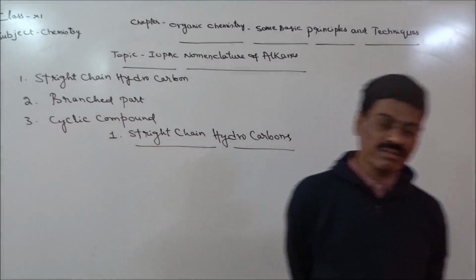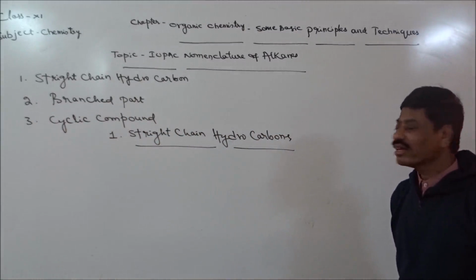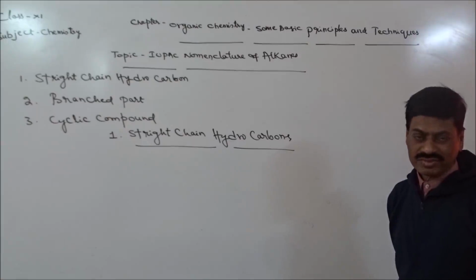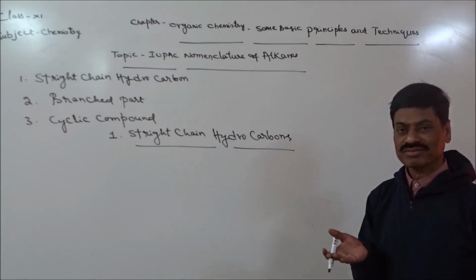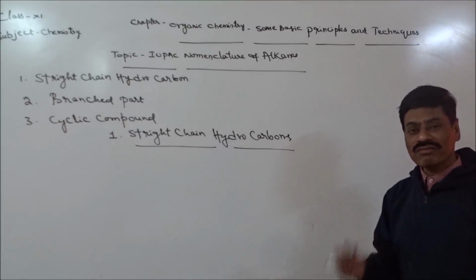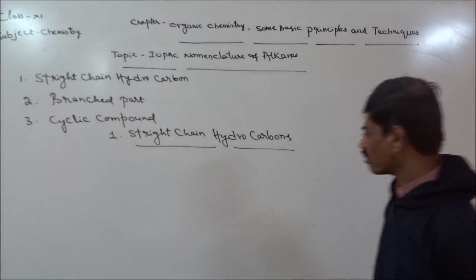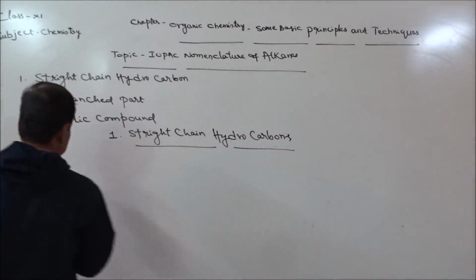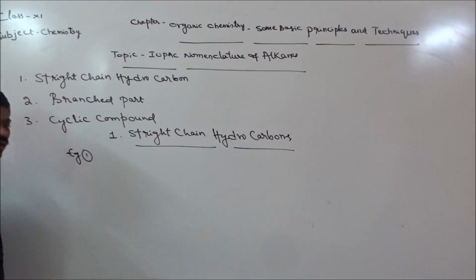Straight chain will be there and the branches connected to it will also be there in the hydrocarbon. Right? When there are no branches, when there is only one straight chain, how should it be named? Let us see example 1.